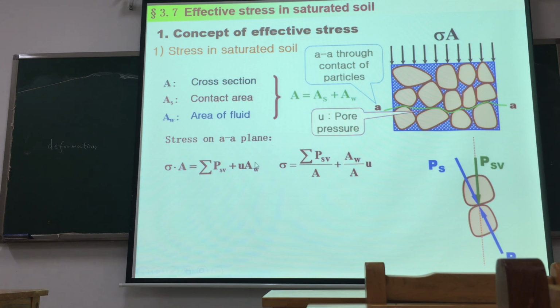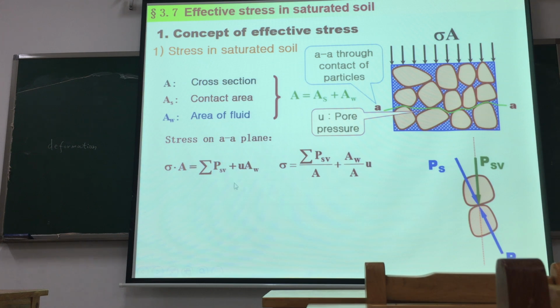Here, sigma p represents the total vertical force carried by soil particles, the force transmitted through the contacts of soil particles.